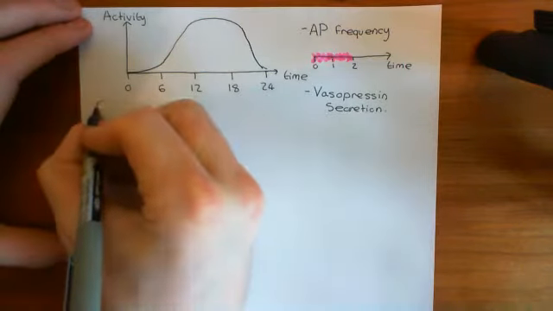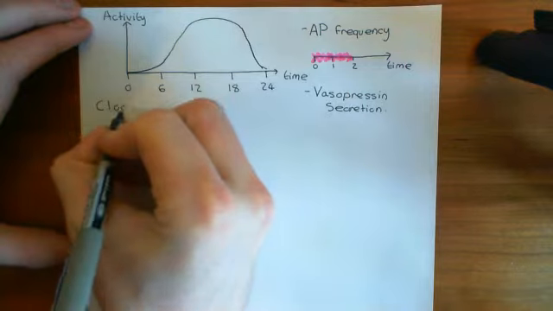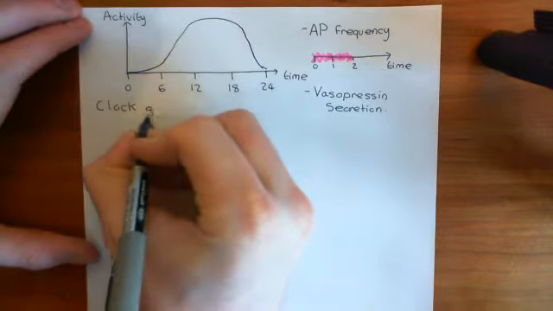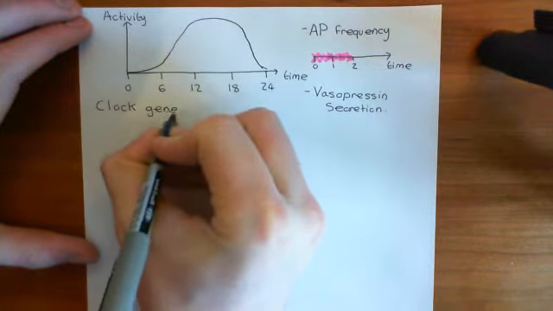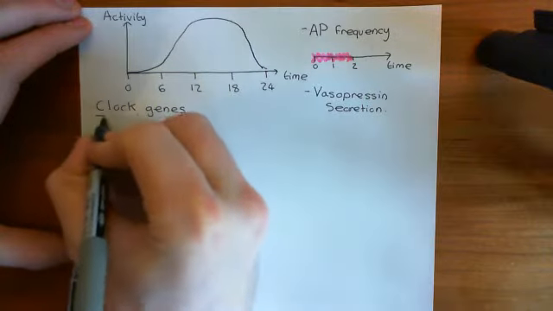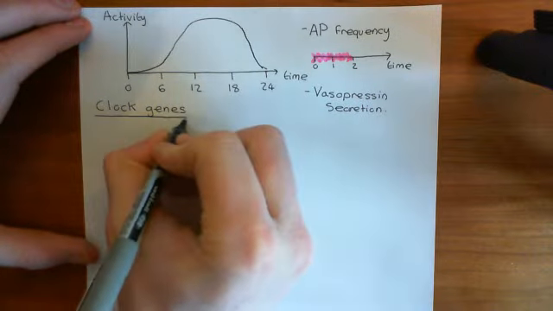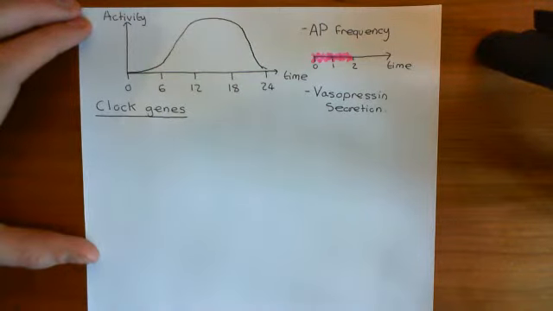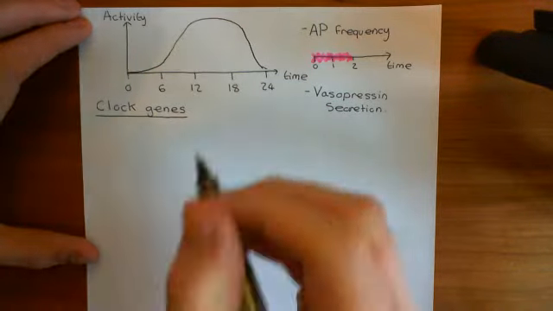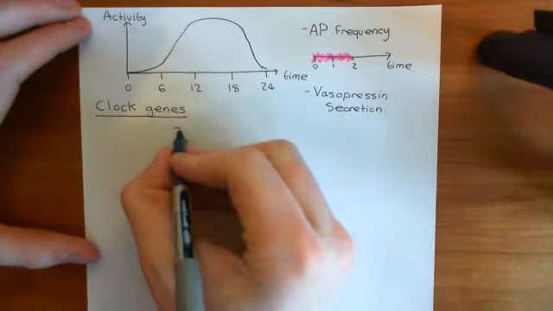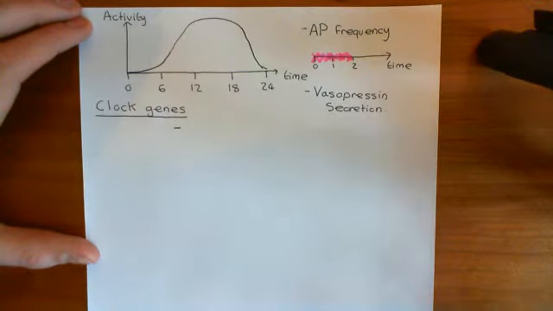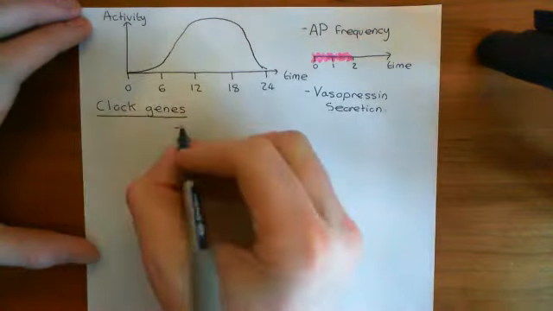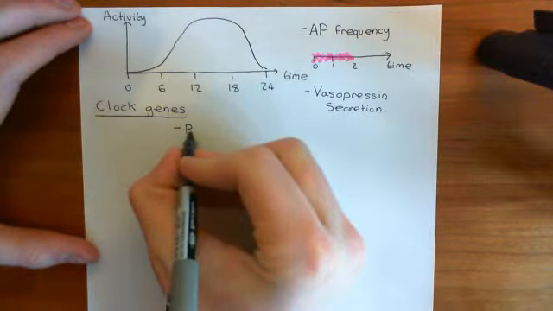Well, this involves things known as clock genes, and these have been found within Drosophila. I'm going to tell you about the ones in fruit flies, but similar things exist within humans as well. The names of the clock genes within fruit flies are period, timeless, and clock.